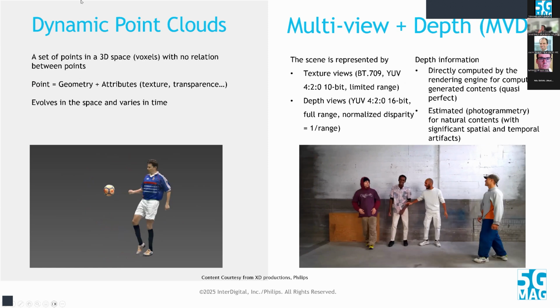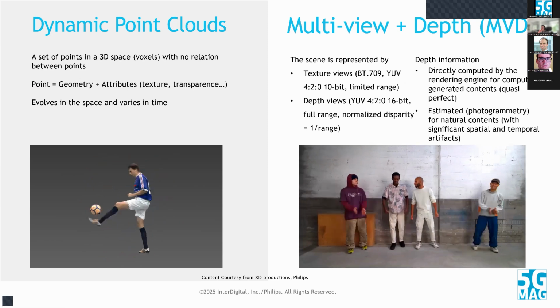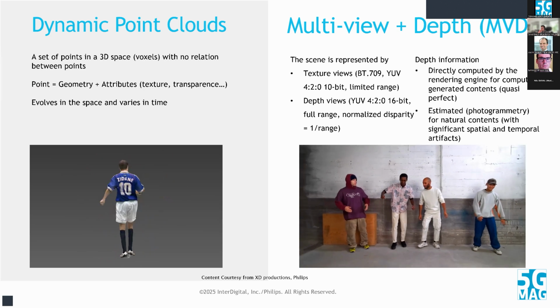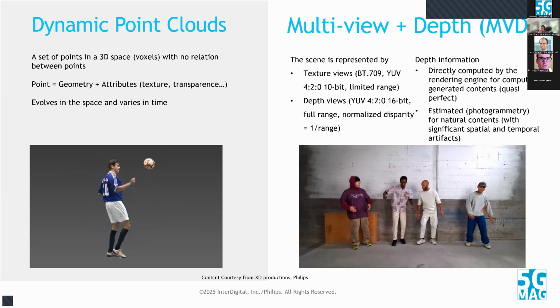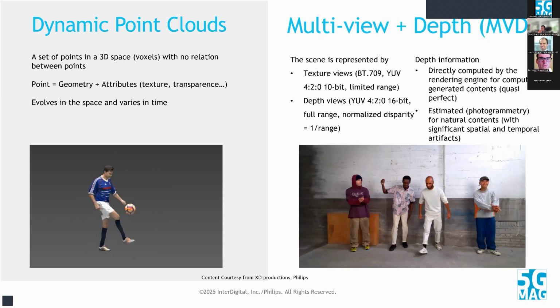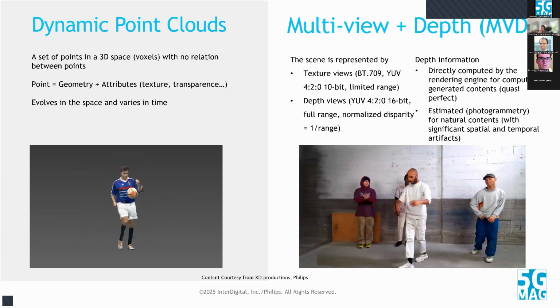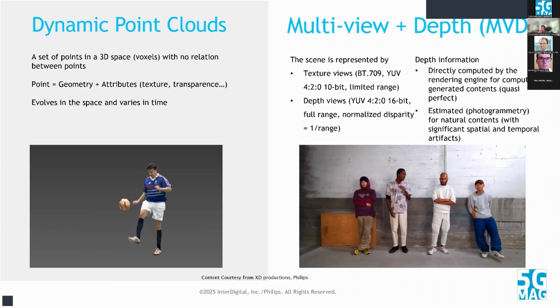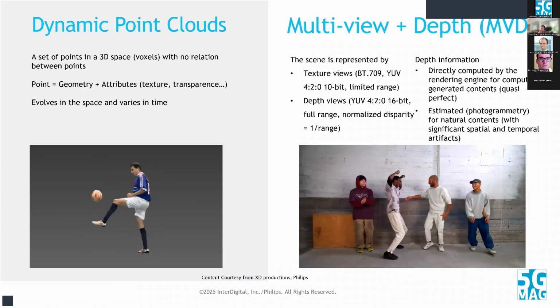For multi-view plus depth, this format is also well known. You have multiple cameras, either depth cameras or with estimated depth, and then you're able to do novel view synthesis. This relates quite closely to the previous presentation, which I think is interesting.